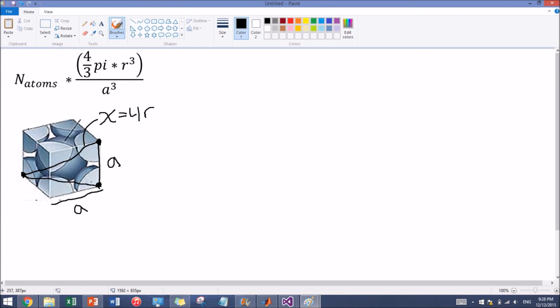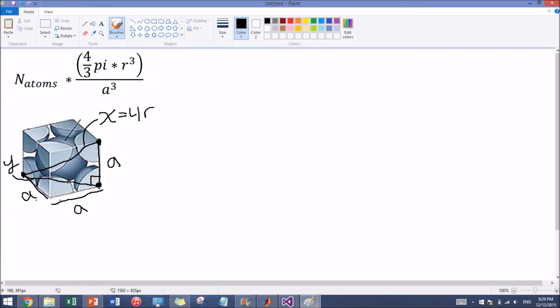Remember how we solved for it using the Pythagorean theorem? We're going to have to use it again in order to solve for this little hypotenuse. We can see that this makes a right triangle. So if we label this a, let's label this hypotenuse y, and this is another side length a.